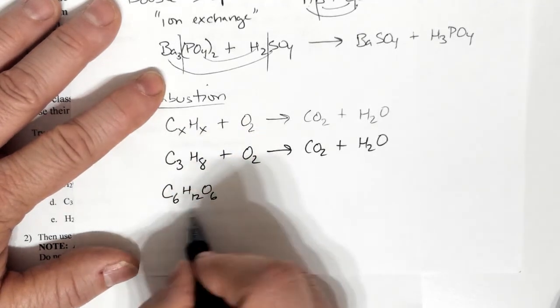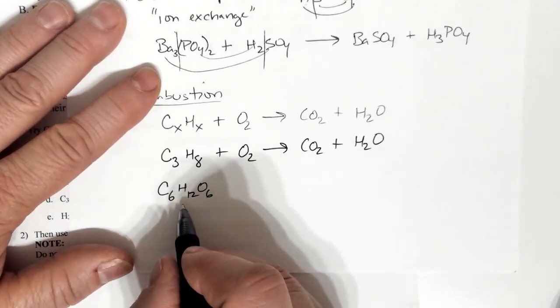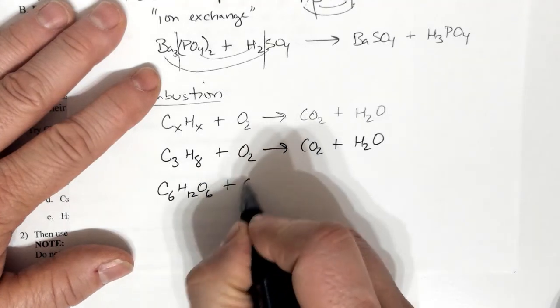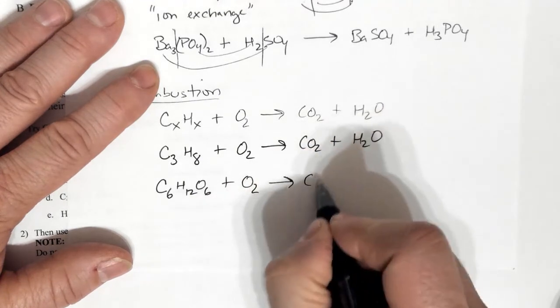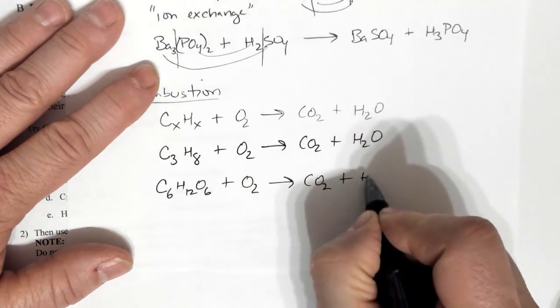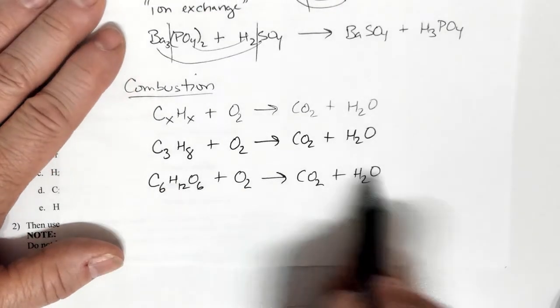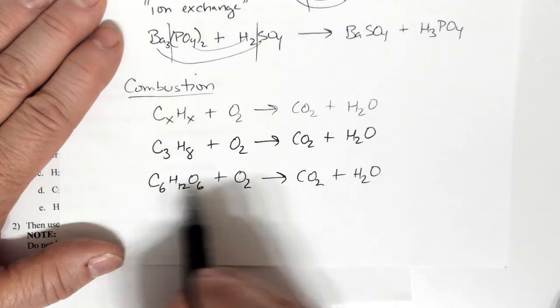That's a hydrocarbon. And if you could eat it, hydrocarbons you can eat are called carbohydrates. So what happens is you breathe oxygen in, and your body gives off CO2 when you breathe and H2O out of your body. And so that's what we do as humans. We use carbohydrates, which is still a combustion reaction.